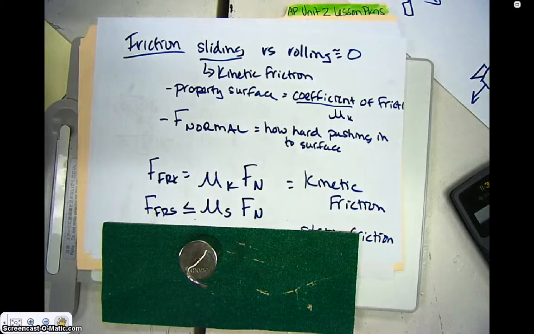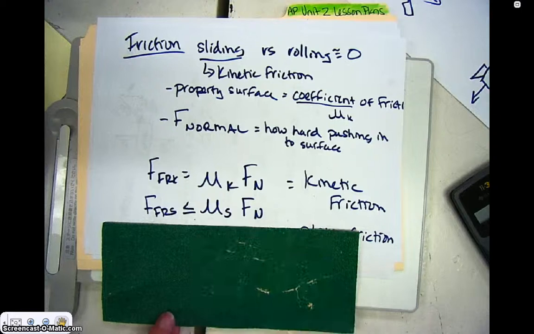Think about if you were to move a couch in your living room and it's carpeted. If you were to push the couch, at first it takes a lot of force to get it going, but once it's moving, it's a lot easier to keep it going.